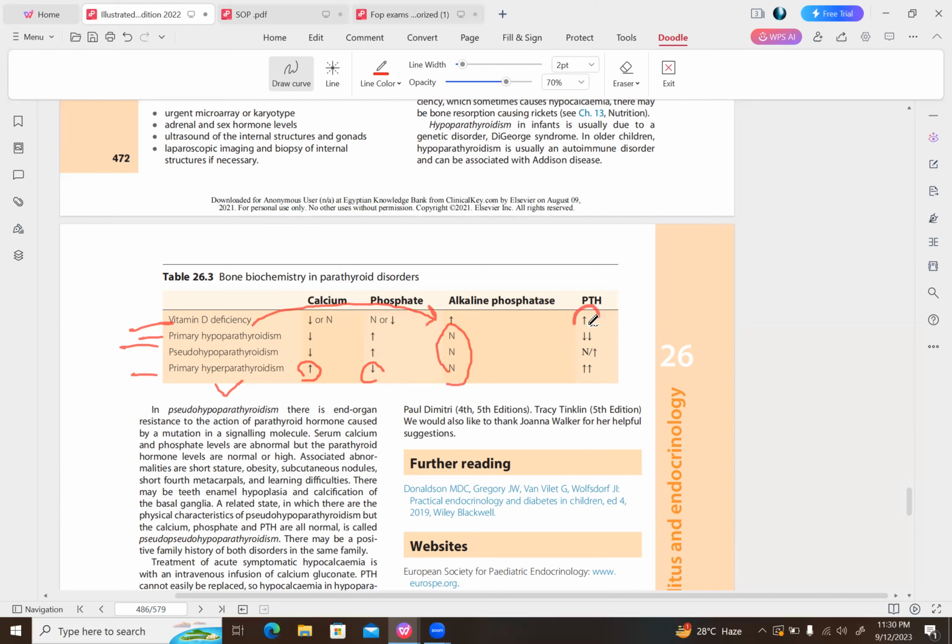Parathyroid hormone is too high in hyperparathyroidism and too low in hypoparathyroidism. In pseudohypoparathyroidism, calcium and phosphate follow the same pattern as primary, decreased and increased, but the parathyroid hormone can be normal or high instead of low. This is a very beautiful table, and it does so much for you. I used only this table for my exams.